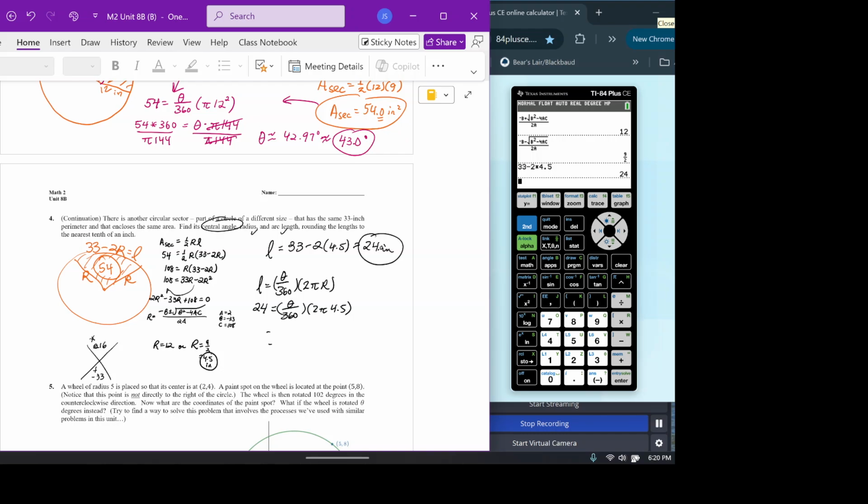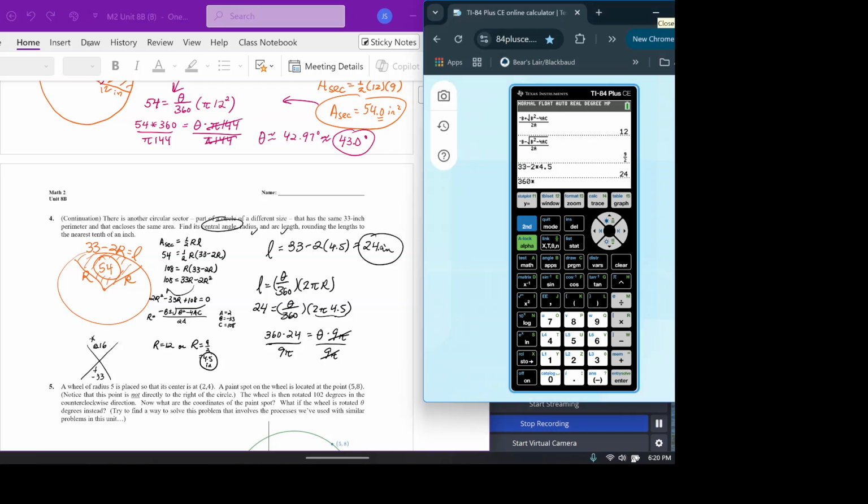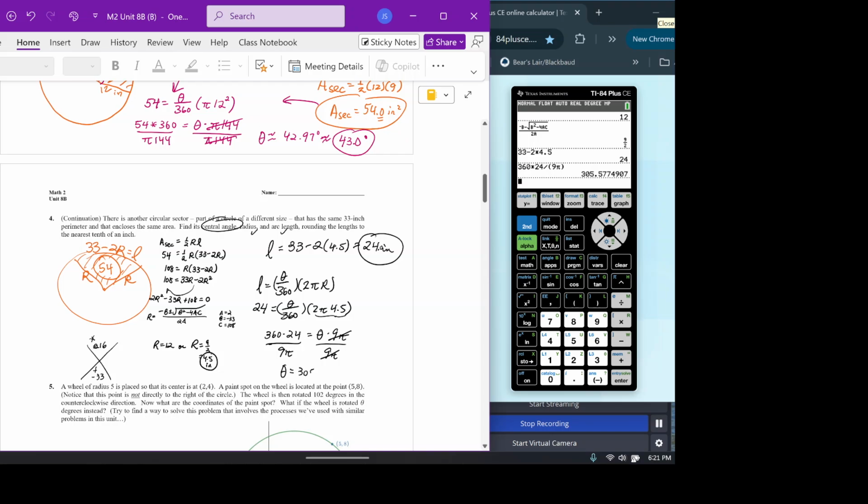I could multiply the 360 over, and this thing turns into 9 pi. And then I could divide the 9 pi under. So that's going to be 360 times 24 divided by 9 pi. You have to be careful here, 9 pi has to be put in parentheses, because otherwise you're only dividing by 9 and then multiplying by pi. And we get theta is 305.56 degrees.